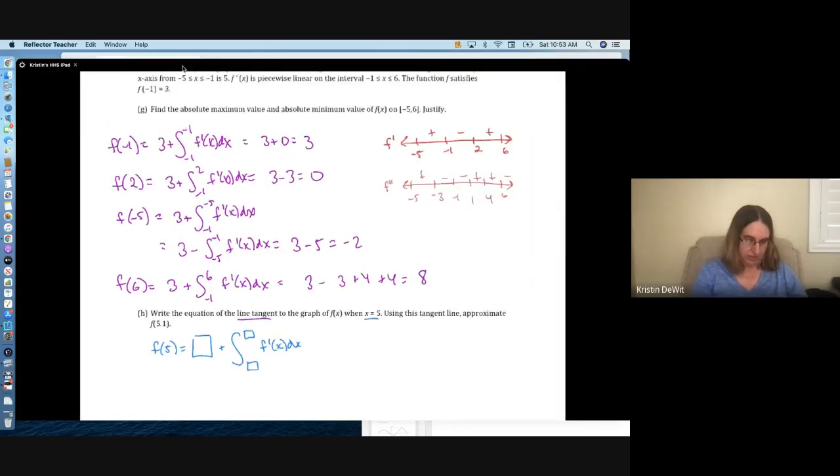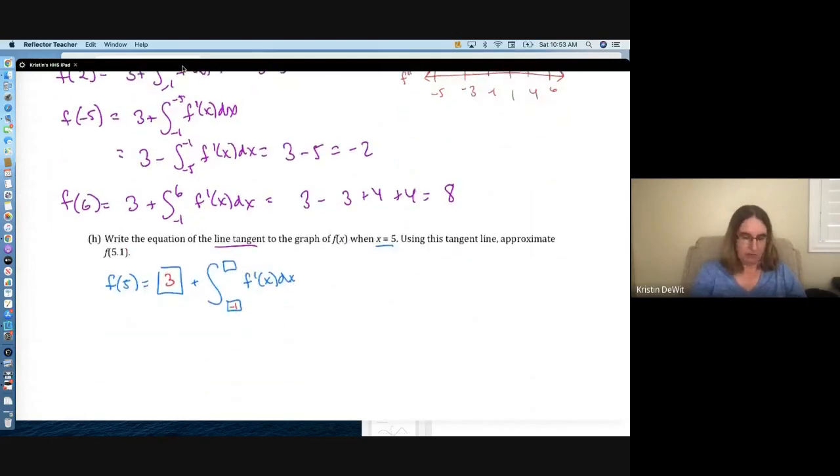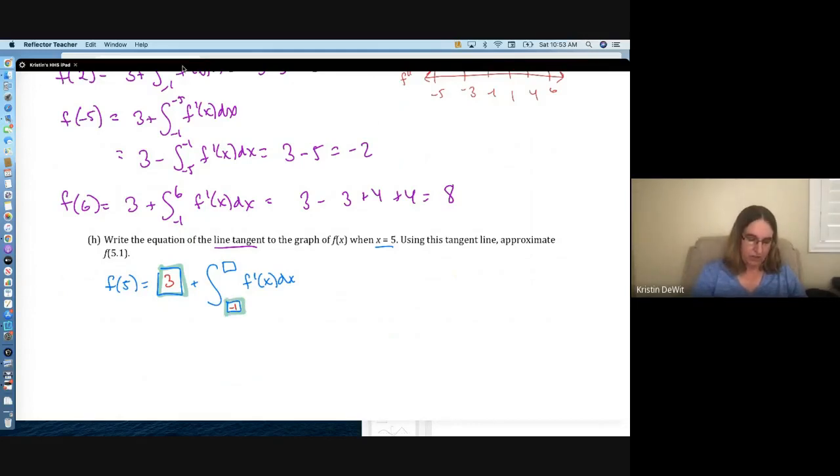What was our initial condition, was at 3 and at -1 there. So remember these boxes are always your initial condition. And then where we want to go up here, this one and this one should always be the same number. So up there goes a 5.